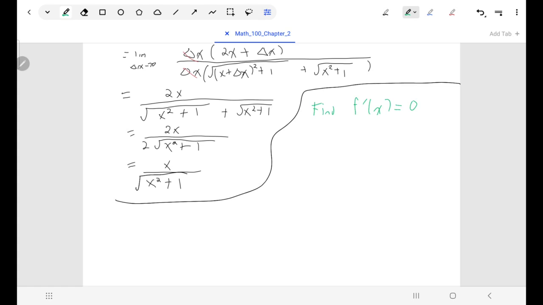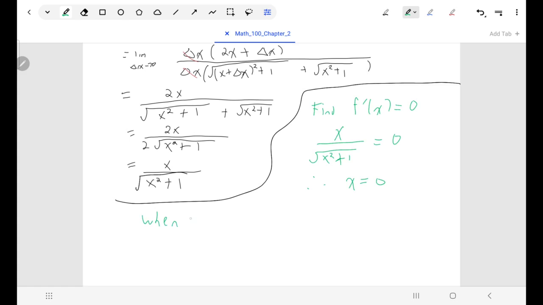So if I'm letting my derivative be equal to 0, then I'll have x over root of x squared plus 1 equals 0. And I know fractions are only ever equal to 0 when the numerator is 0. So I only have one x value. That's x is 0.